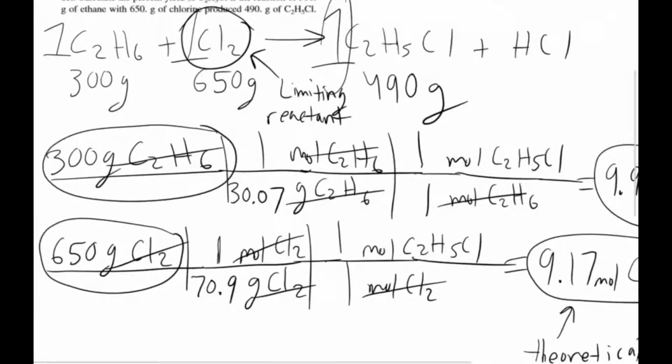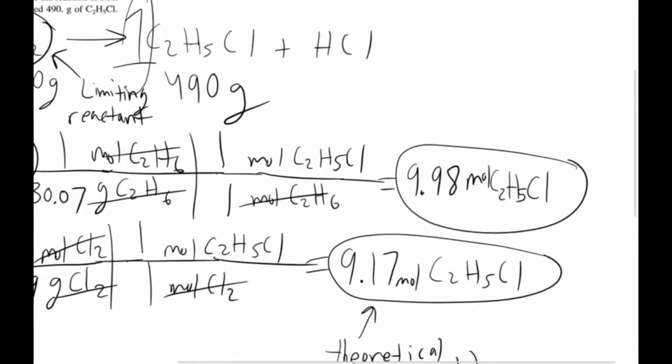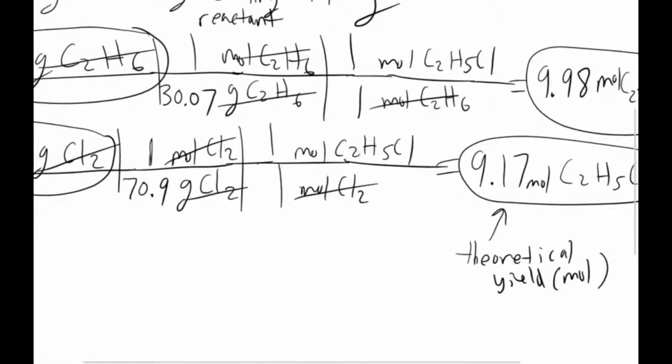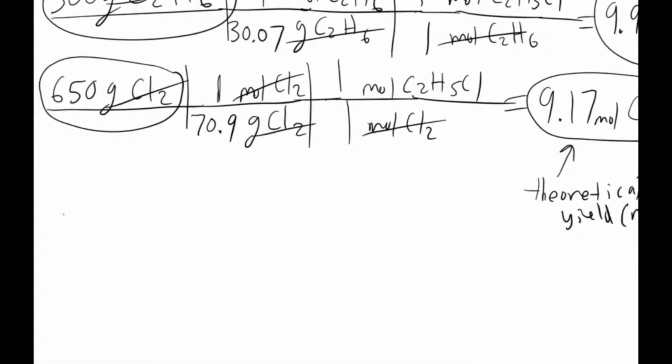This is a process that has to be employed every time we're figuring out what the limiting reactant is and what the percent yield is. Now that we know the theoretical yield in moles, we have to figure out what the theoretical yield is in grams.